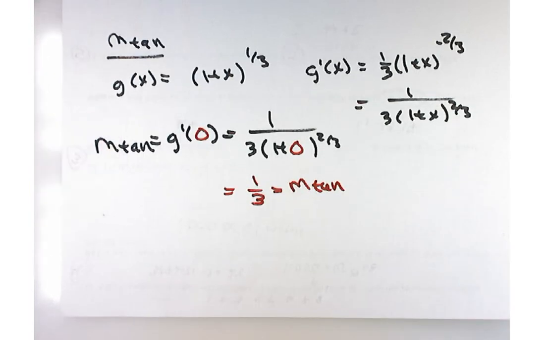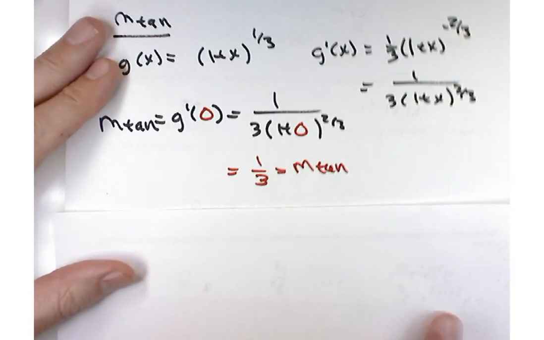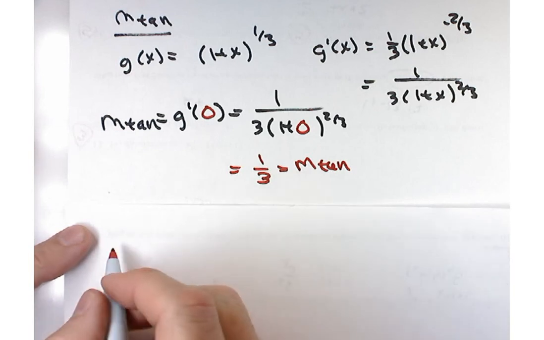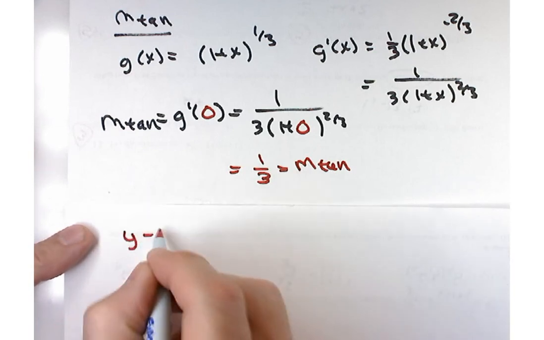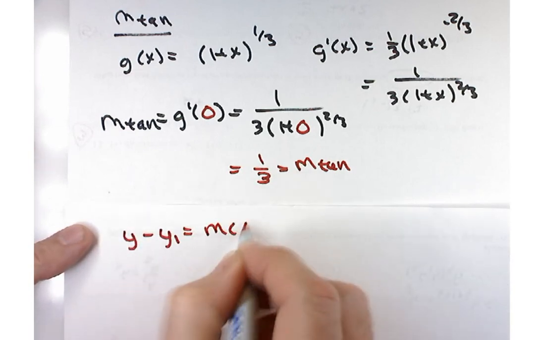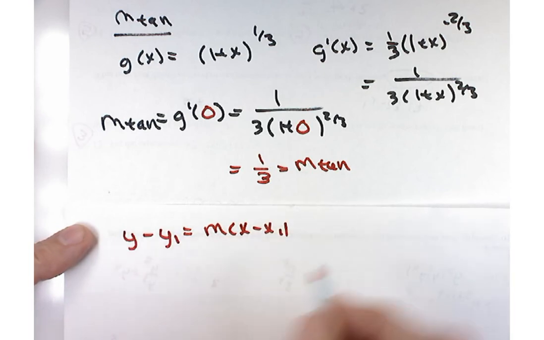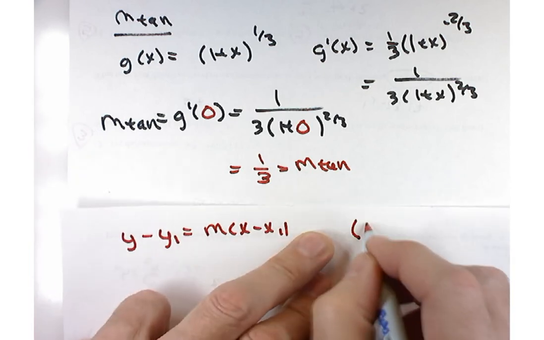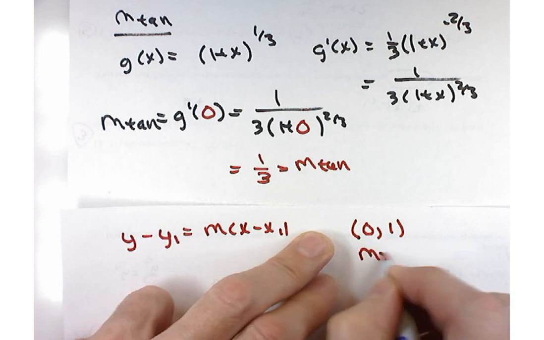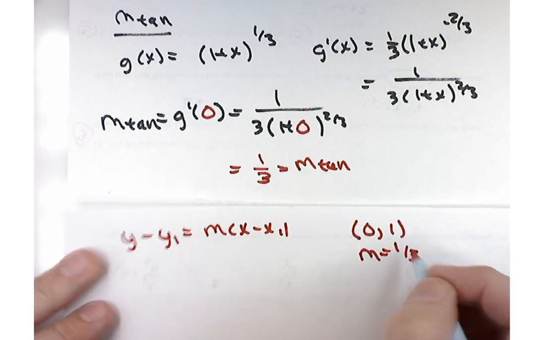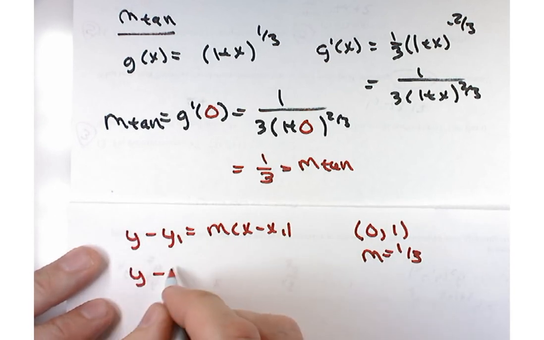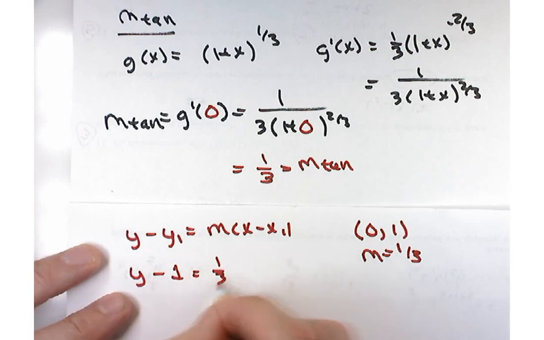Let's find the equation of the tangent line. So y minus y1 equals m times x minus x1. We've got our point, which is 0, 1, and our slope, which is 1/3. So y minus 1 equals 1/3 times x minus 0.